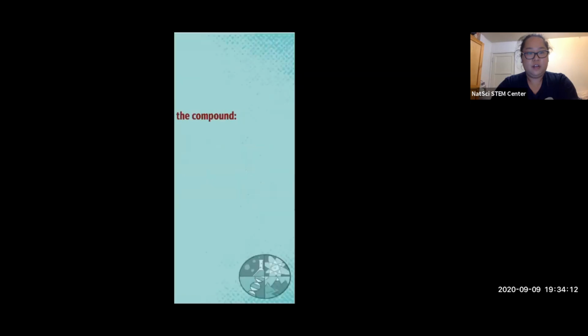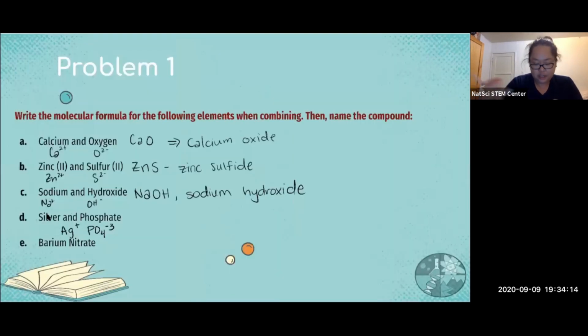Silver phosphate, actually, the Ag is a plus charge and not 2, probably since it doesn't have a number next to it. Yeah. So then your formula should be Ag3PO4, and then silver phosphate.